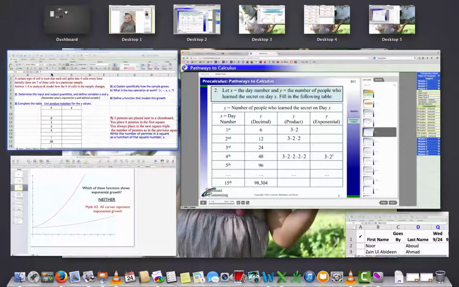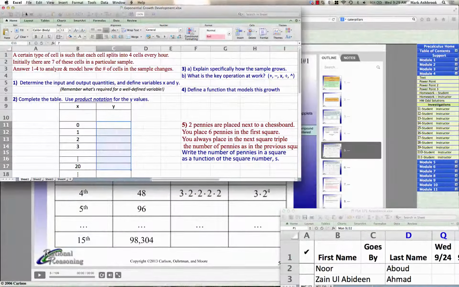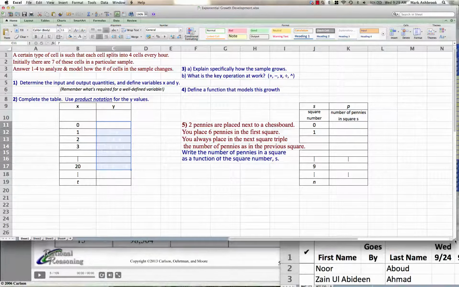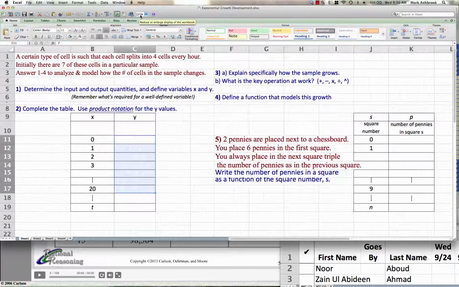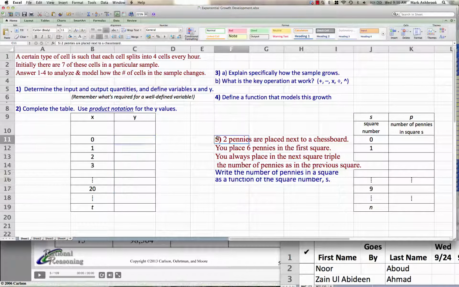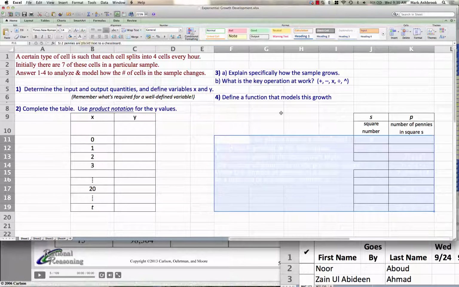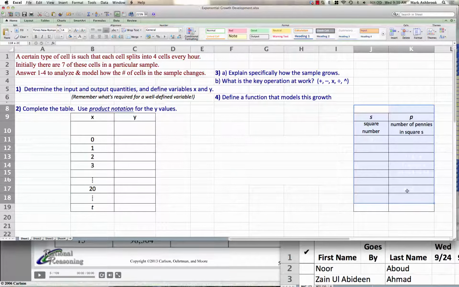So let me give you an example here. I'll make this bigger. What about this? Okay, so the red is the initial instructions.